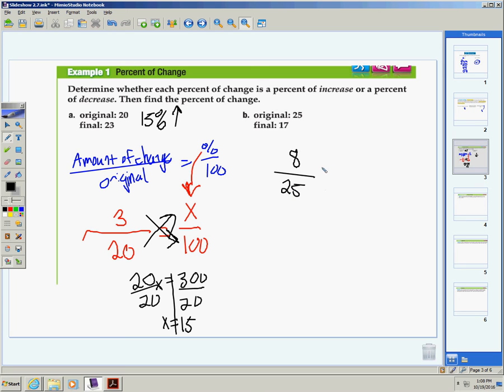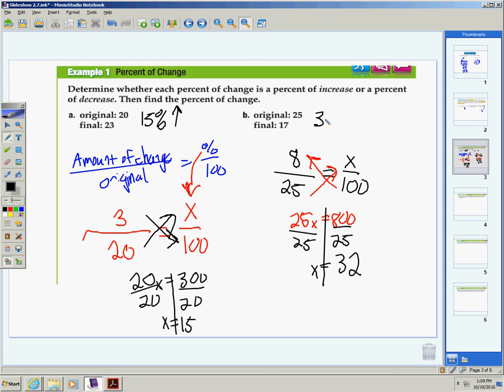Then I'm going to solve this proportion by cross multiplying and setting equal to each other. Then I divide each side by 25, and I find out that x is 32, which means we had a 32% decrease because the number went down.